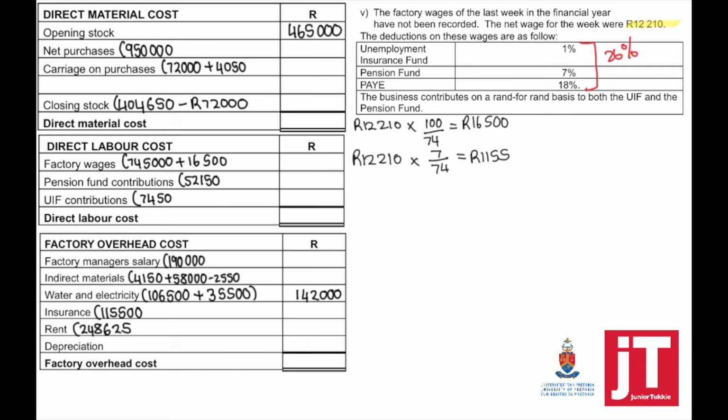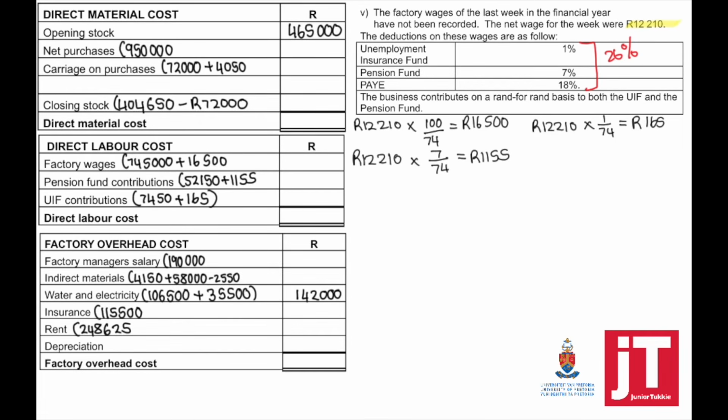To calculate now the pension fund, which is 7%, we can say times 7 divided by 74. This must be added to the pension fund contributions. Then we've got the UIF. Again, we can take the net and just say times 1 divided by 74.